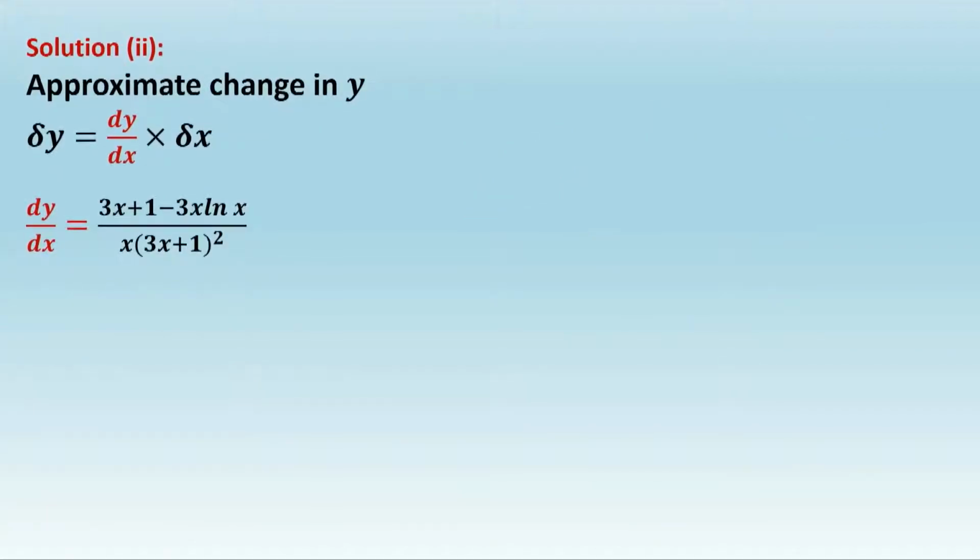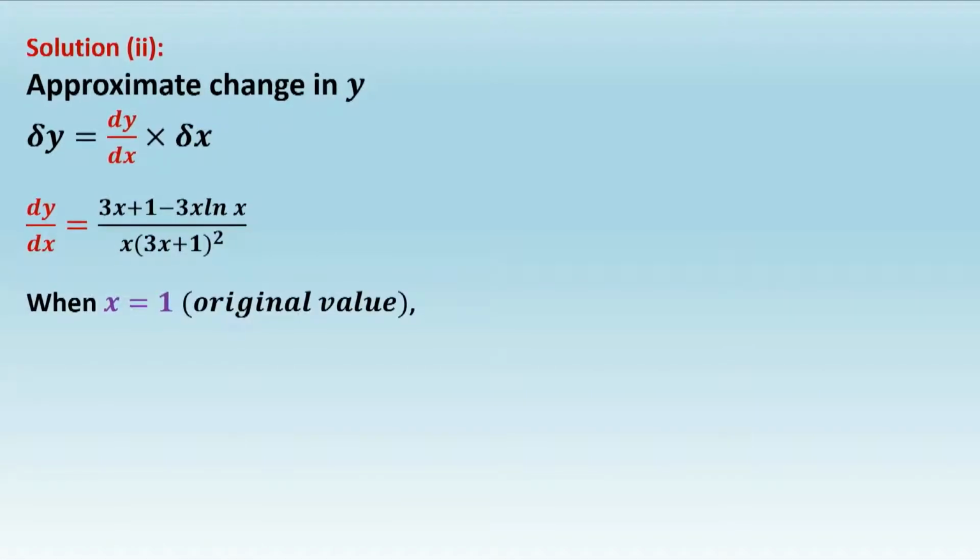Approximate change in y is equal to delta y, equal to dy by dx multiplied by delta x. dy by dx is equal to 3x plus 1 minus 3x ln x over x multiplied by 3x plus 1 to the power of 2.